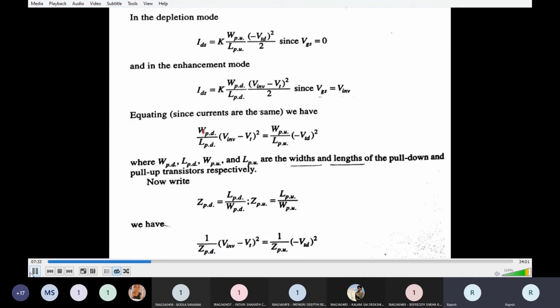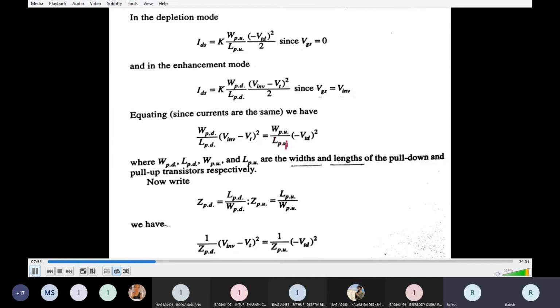But what is W by L? It is 1 by Z, because Z is equal to L by W, not W by L. That's why W pull down divided by L pull down is equal to 1 by Z pull down. Here W pull up by L pull up is equal to 1 by Z pull up.